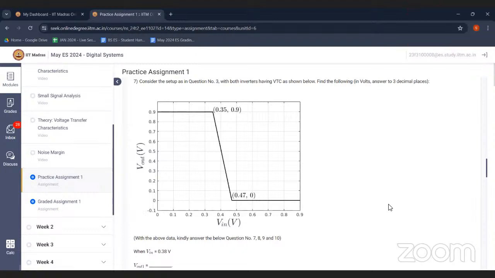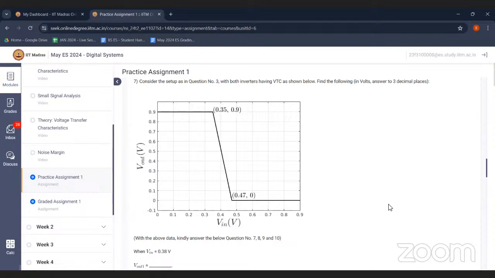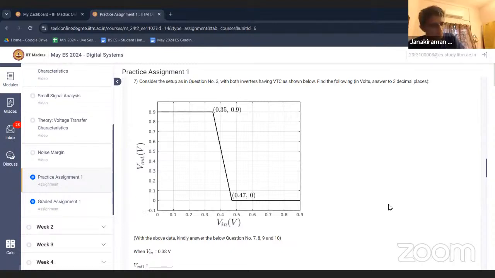Correct. So the gain determines the indeterminate region, right? If the modulus of the slope was not as high as 7.5, you would have a larger indeterminate region, correct? As the gain increases, the difference between the x coordinates would decrease, and hence the indeterminate region would also decrease.